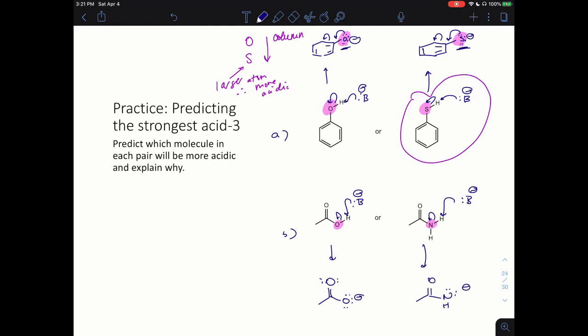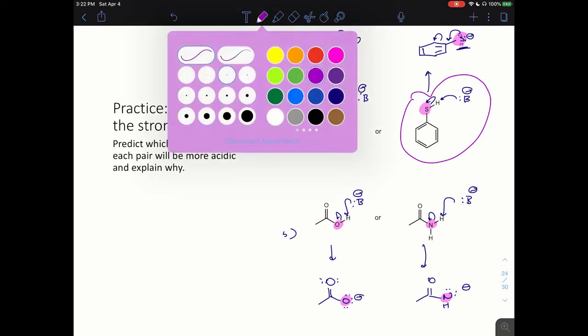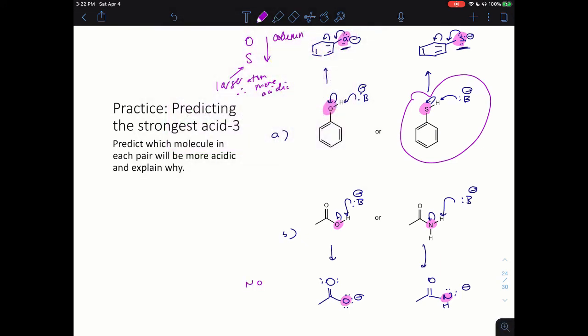Okay, so we could draw resonance structures for both of these, but the big difference between them is the main atom. And so in this case, we have a nitrogen and oxygen, which are in the same row. And within the same row, we look at electronegativity. The more electronegative atom is more acidic, because the electrons that are coming from that acidic bond are more stable on the more electronegative atom.